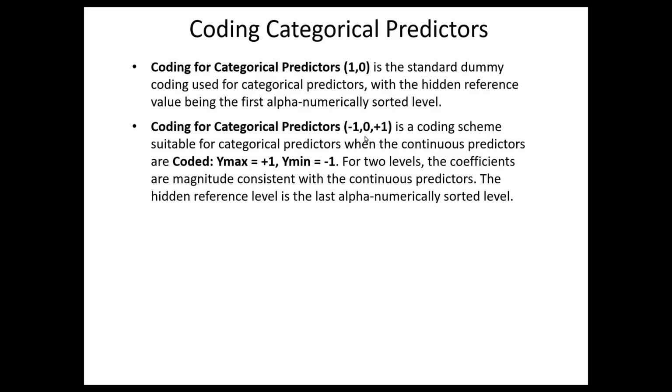Or you can code for categorical predictors as -1, 0, +1. So this is new. We've always done this, but this is a new option in 9.1. So for example, if you have a DOE with categorical predictors, you may want to use this -1, 0, +1 coding scheme. We won't be looking at that today.